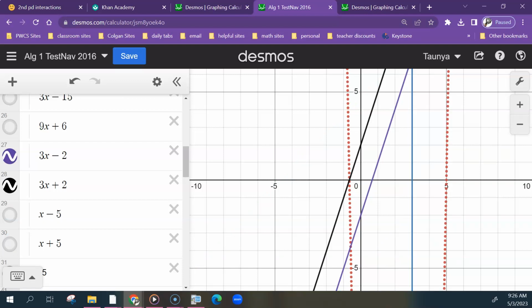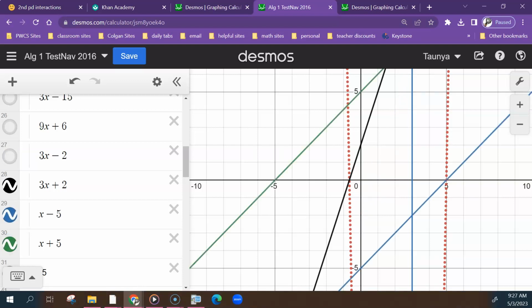Whichever one goes through the original at the x-axis, that would be your answer. So 3x plus 2. And then again, only one of these can be your answer, whichever one goes through your x-axis. So this one in blue, x minus 5 would be your answer. So 3x plus 2 and x minus 5 are all of the factors on that one.